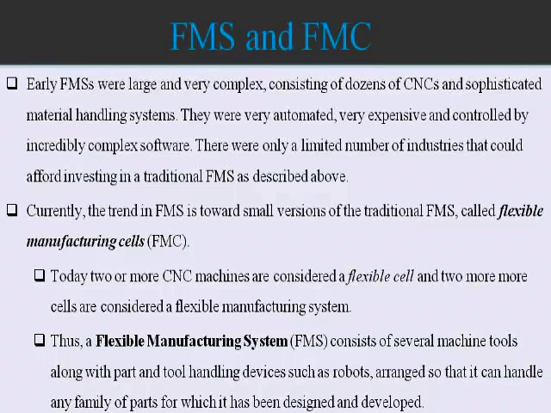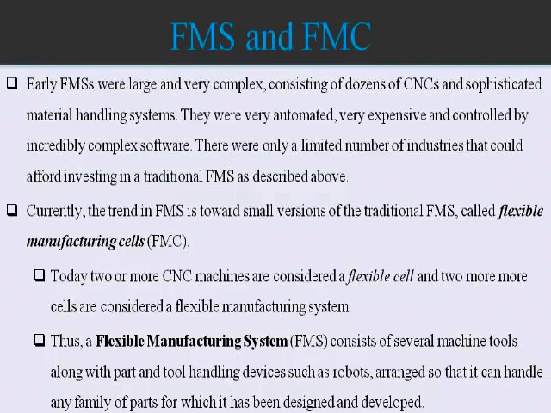Currently, the trend of FMS is towards small units, small versions of traditional FMS, or flexible manufacturing cells, wherein the number of CNC machines is small. Two or more CNC machines are considered an FMC or flexible cell, and two or more cells are considered an FMS. A few flexible manufacturing cells will form a system.